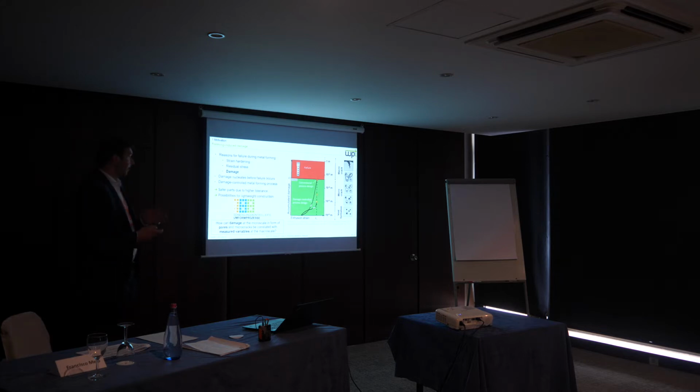We know that damage occurs way before failure. It starts with void formation, goes to the micro crack, and then we get a macro crack, which is defined as a failure for the industry.